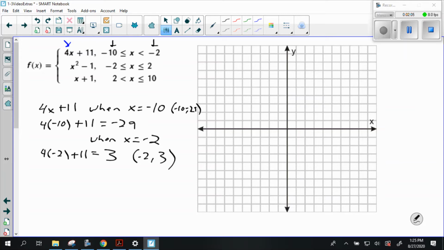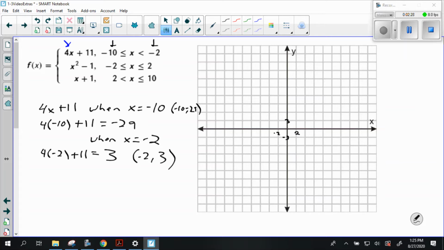I'll make my x-axis units of 2. So that's a negative 2, that's a positive 2 there. And then on my y-axis, since I need to have a little more, I'm going to go with units of 3. So this is negative 3, and that will be positive 3 up there.